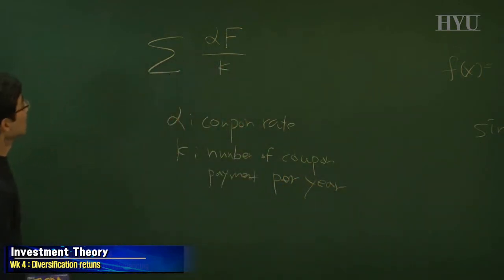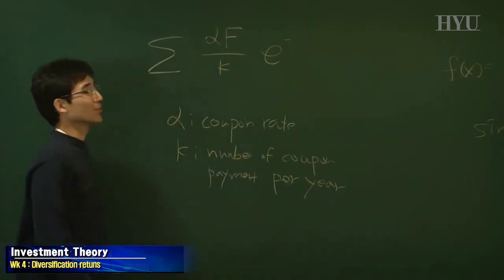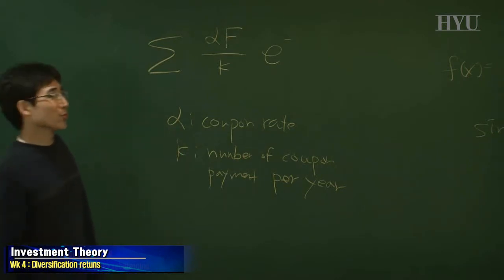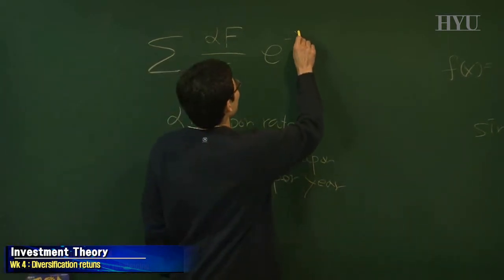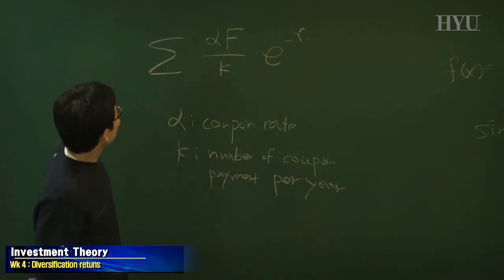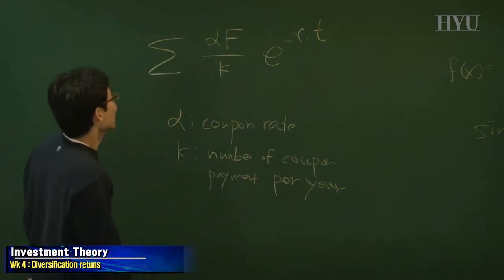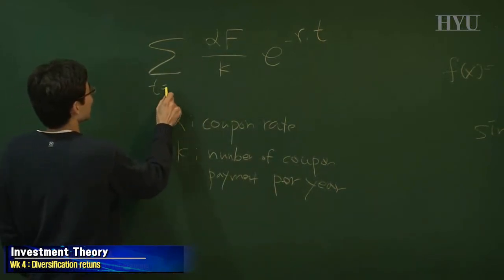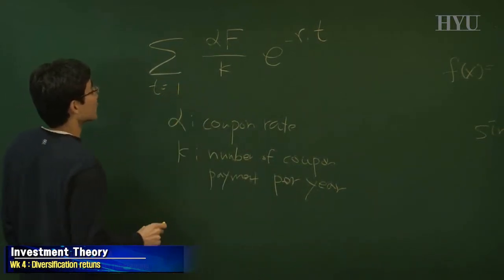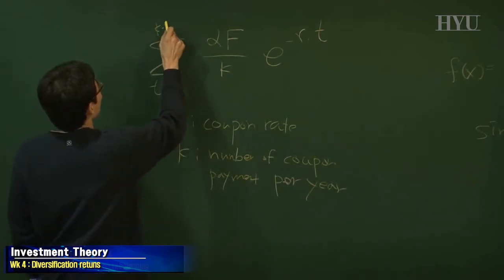And then we have to discount it with, suppose the interest rate, the yield to maturity, is R, and we have to discount it with some T. T should be from 1 to K multiplied by T.